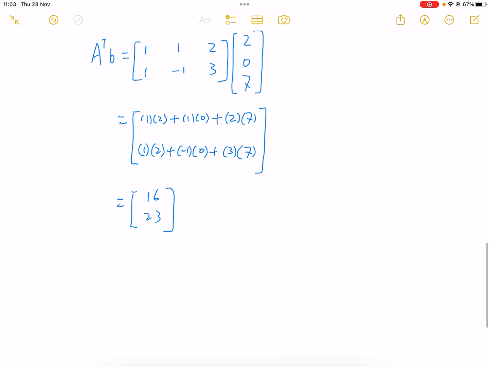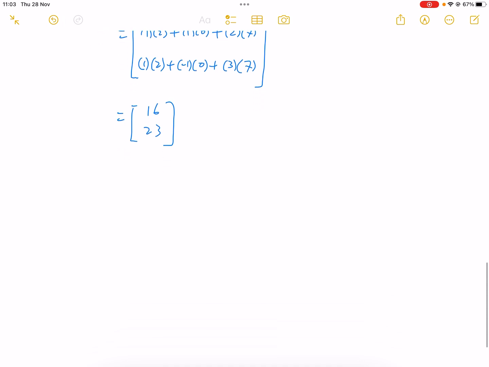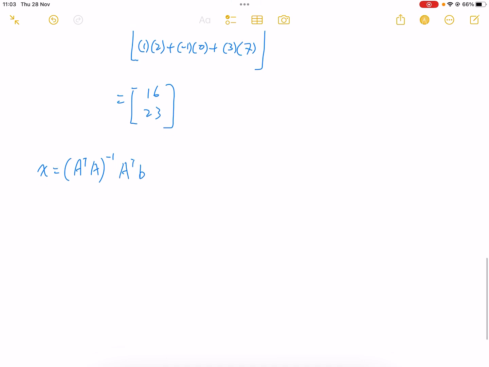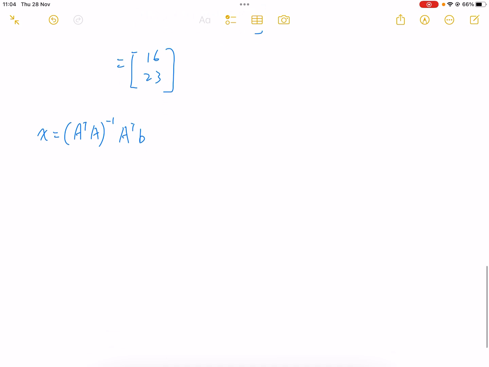Now we solve x equals the inverse of A transpose times A, times A transpose times b. First, we compute the inverse of A transpose times A using the formula for a 2 by 2 matrix inverse.